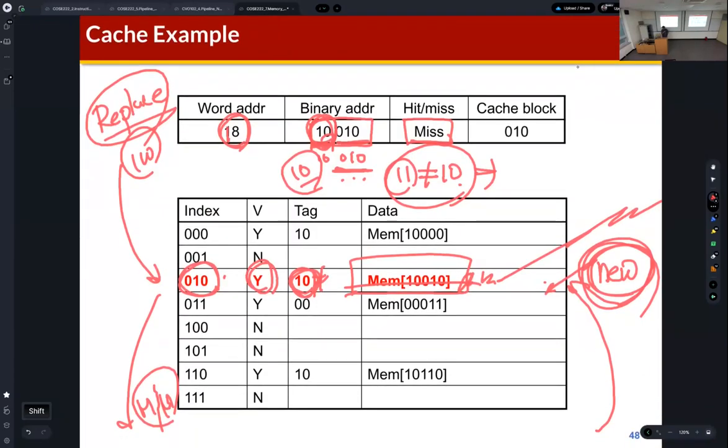This is when there is valid data in the cache, but it is different from the request data. Then the old data needs to be evicted from the cache, and the new data is allocated to the cache. Okay.